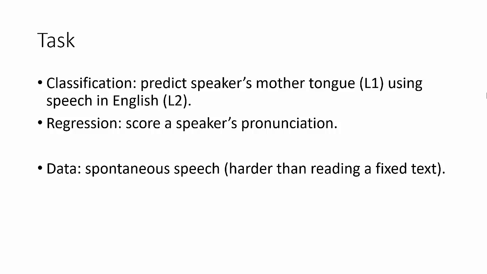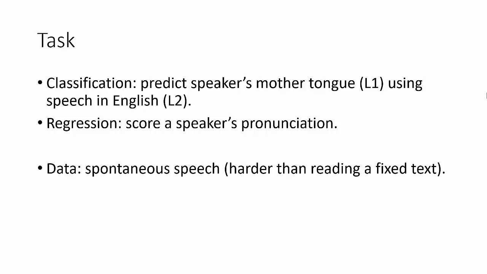And the data that you use is spontaneous speech, which is important because in this kind of task, there's two ways of doing it. The most straightforward way is to get them to read a bunch of text that you give them, and this is easier for the computer to recognize because you know what they're gonna say.